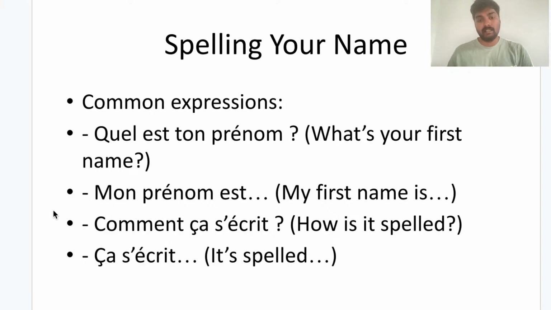And to answer that you would say, ça s'écrit. If my name is Nitish, I would say N, I, T, I, S, H. In the same way, you have to say your own name.